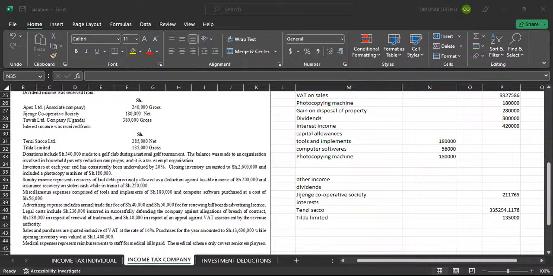No, something is wrong somewhere. Computer softwares, hapana. It is not that one. It is not 20%.